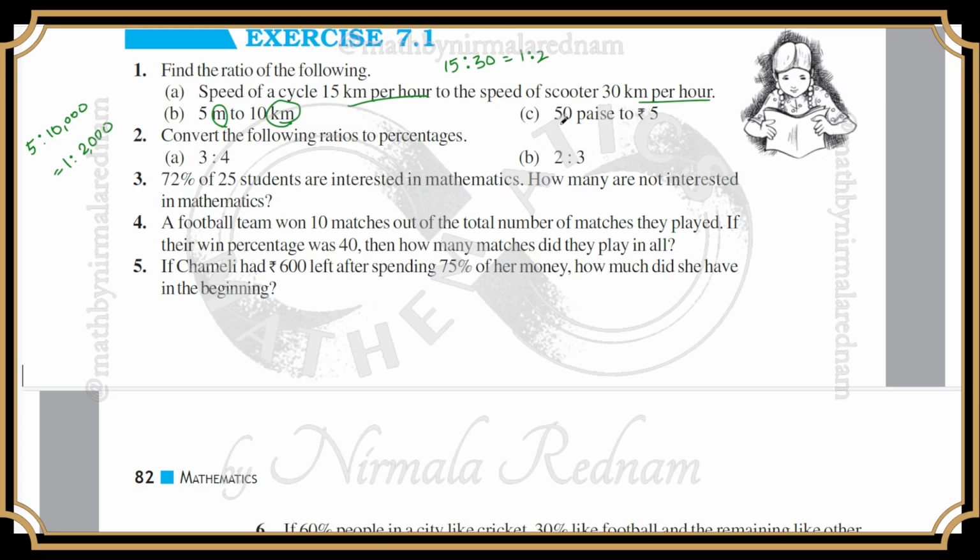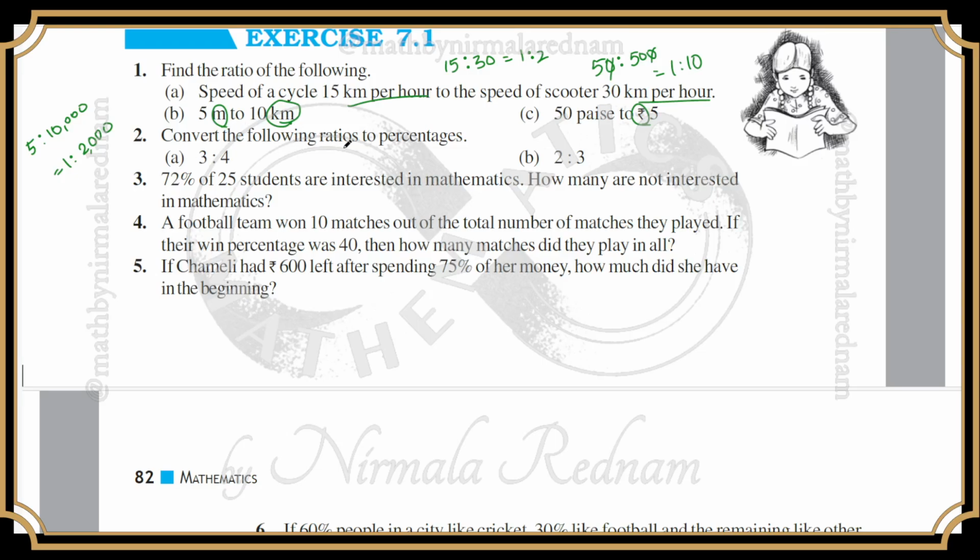And then I have 50 paise to 5 rupees. Again, I need to convert rupees to paise, and I'm going to get 50 is to 500, right? Which is nothing but 1 is to 10. So this is your first question. Very straightforward. Only thing you need to remember, like I told you, you need to take care of the units.